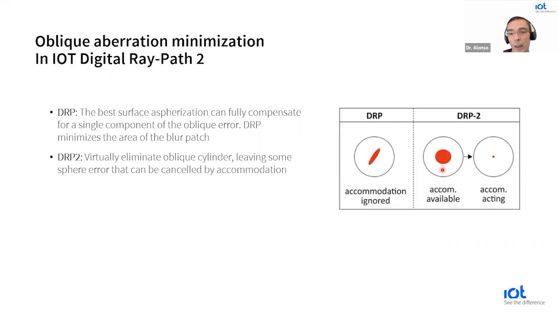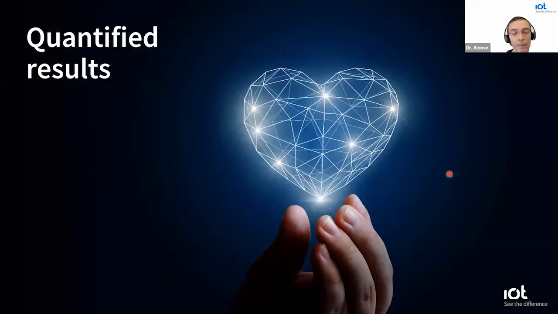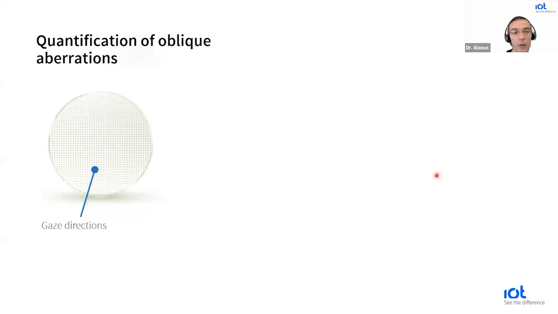So in order to remove the oblique power, we will use two things. On the one hand, DRP2 will aspherize the lens to remove oblique astigmatism, and we count on the eye to remove the remaining spherical oblique aberration. Let's see the results that we obtain with this technology.